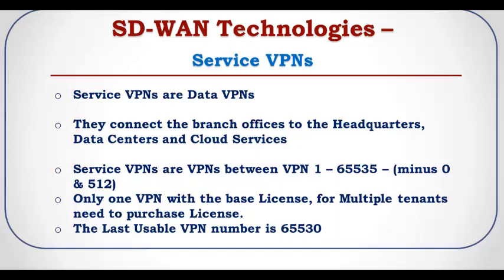I said we can have 65535, from 1 to 65535, in which 0 and 512 are already reserved, we should not use. This is the last usable VPN. So from 31 to 35 we cannot use. Not allowed.